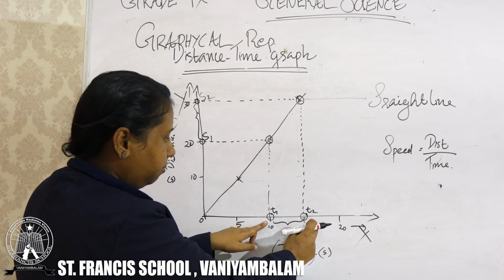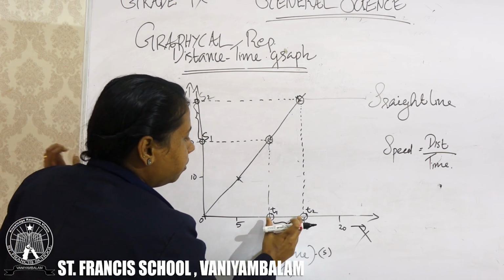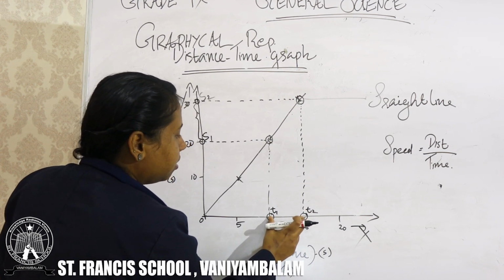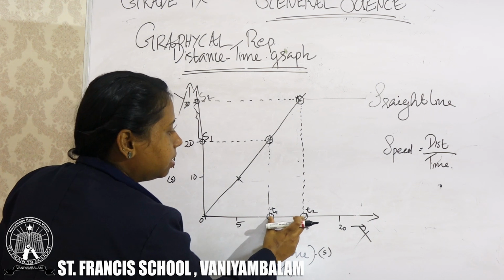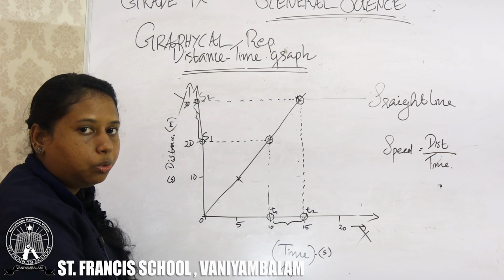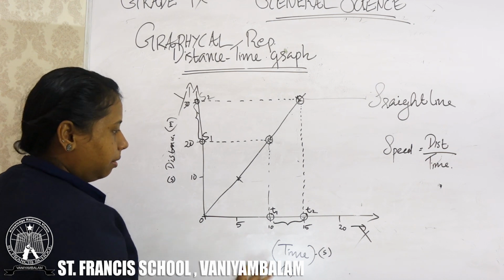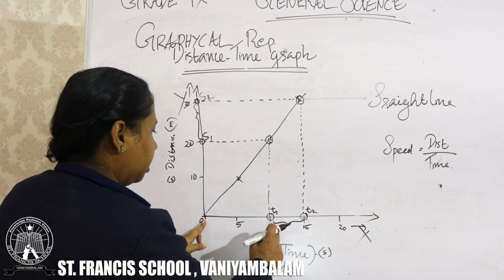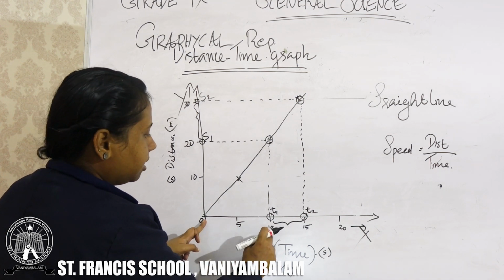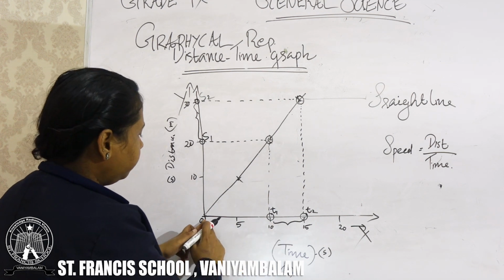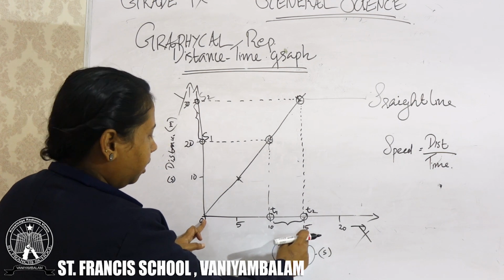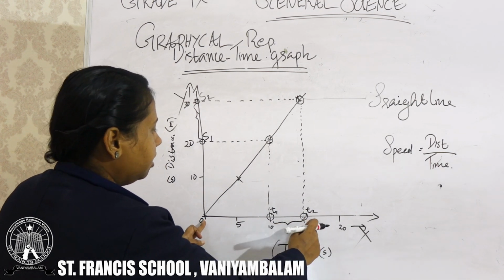For getting the time of this line, we are just finding out the difference between T2 and T1. T2 minus T1, from 0 to 10, this is T1, that is 10 already here, and this is 0 to 15, this is T2.